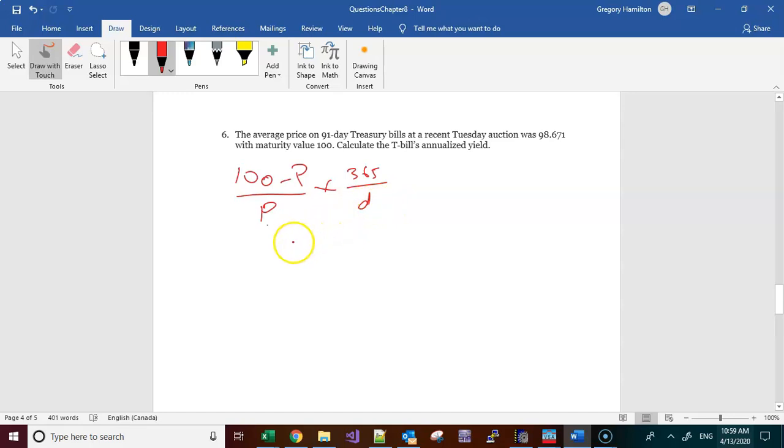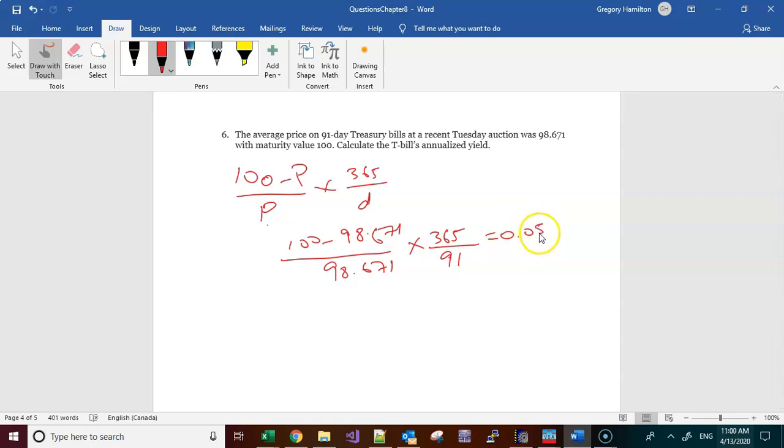So therefore, what do we have? 100 minus 98.671 over 98.671 multiplied by 365 over 91. So our annualized Treasury bill rate would be 0.0540, which is equal to 5.40%.